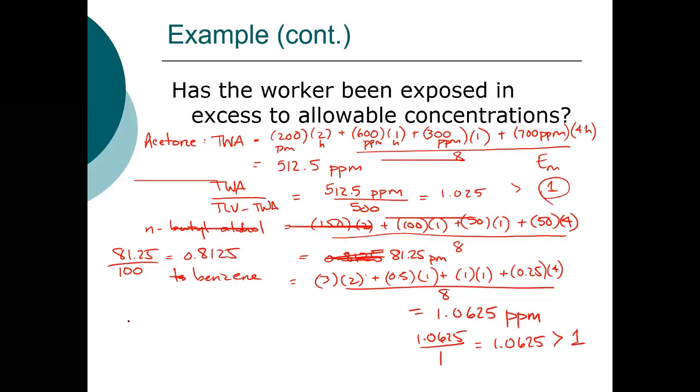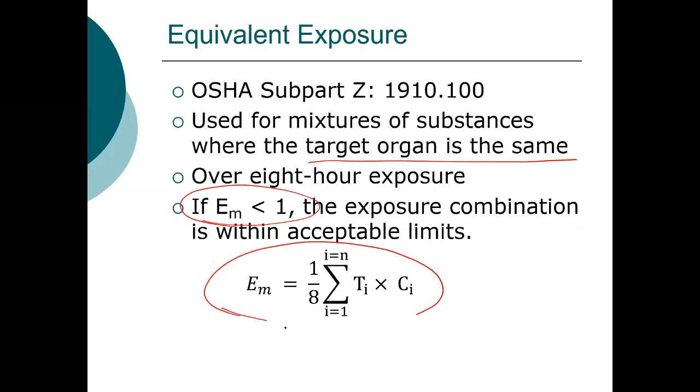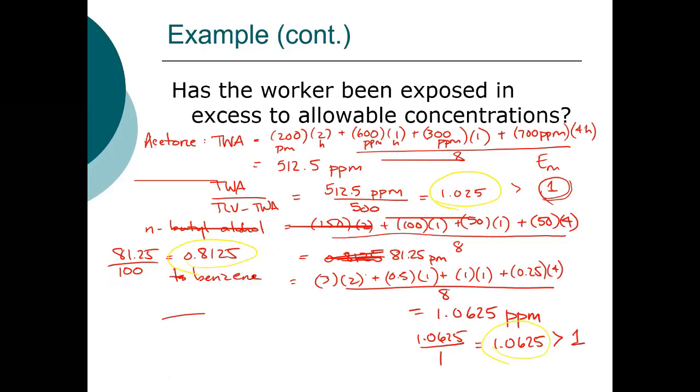I'm just going to change colors real quick. So I have this value here, I have this value here, and this value here. Those are the values that I would sum. So assume if the target organ were the same for all three chemicals, I would sum those.